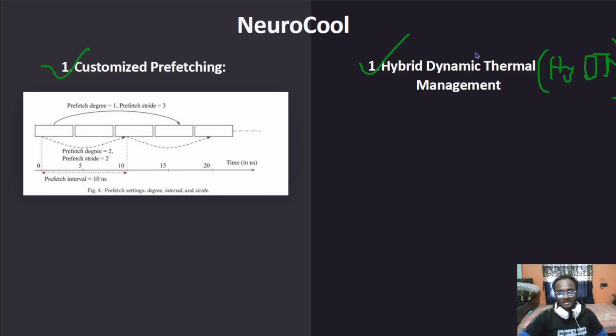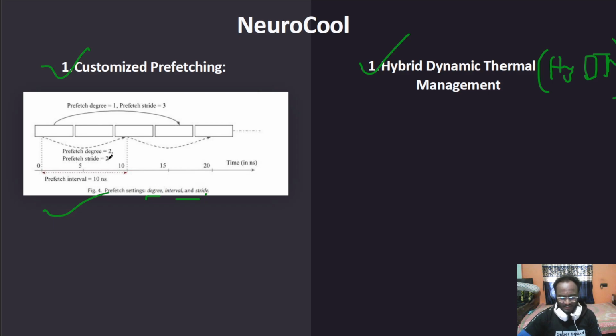There is a diagram shown here. This figure mainly illustrates the prefetch settings used in memory systems, and the key parameters: prefetch degree, prefetch interval, and prefetch stride. The prefetch degree determines how many memory blocks of data are fetched at a time.